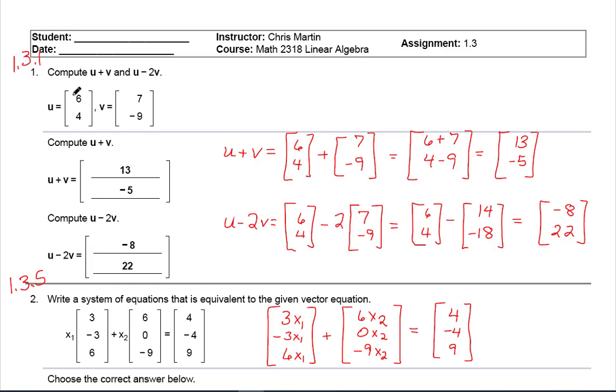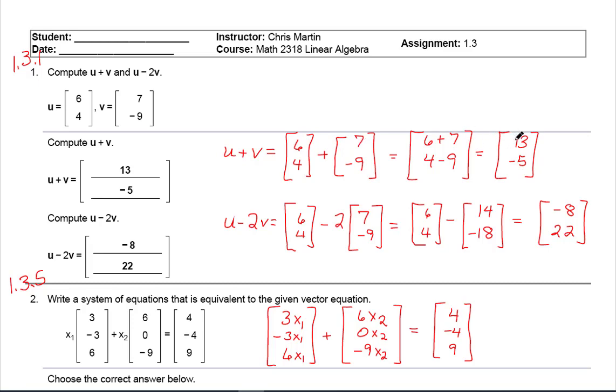In question 1, we'd like to compute the sum and difference of two vectors. They are matrices also. They have two rows by one column. So u plus v, we simply add up the individual components.